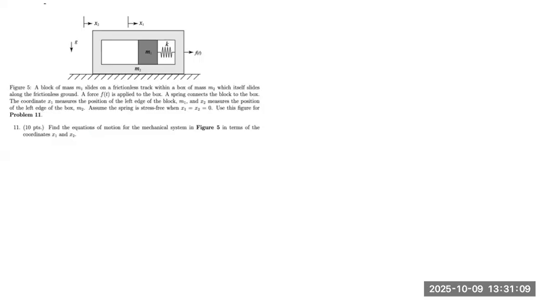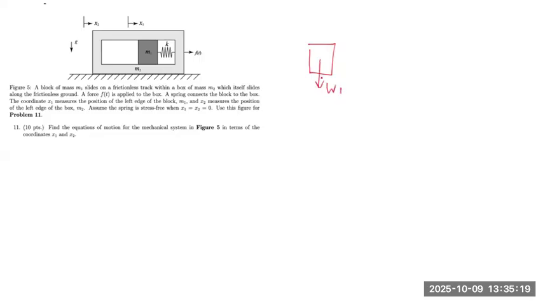So the first thing to do is to draw a free body diagram. And we need to draw two, one for the block inside and one for the block outside. So for the block inside, it's going to be a block with weight, let's call it W1.